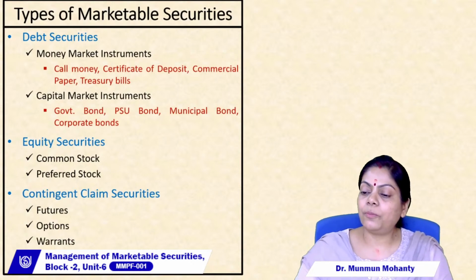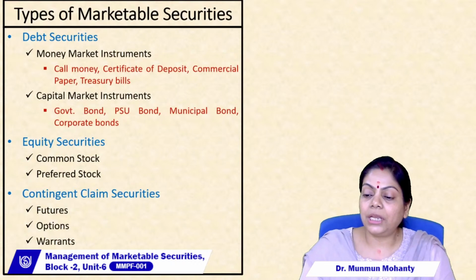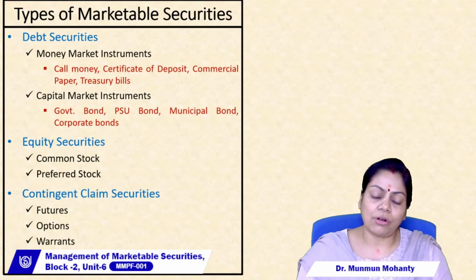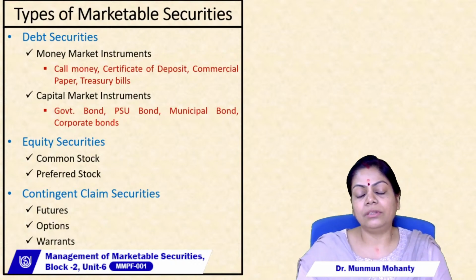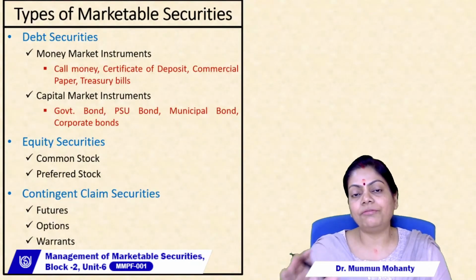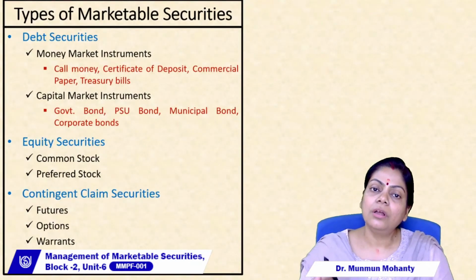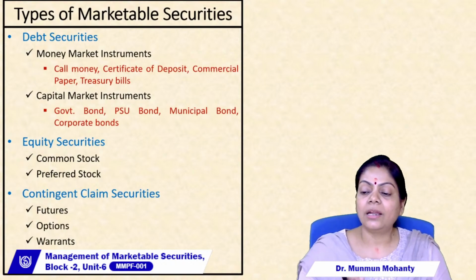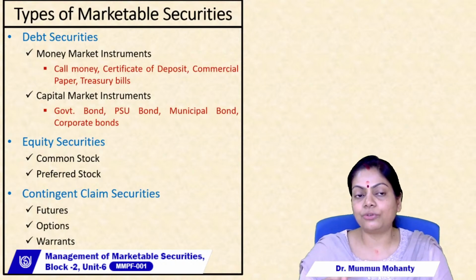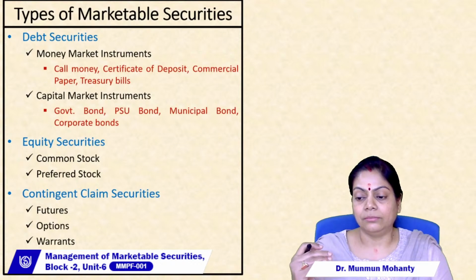The certificate of deposit is an instrument that a bank or other depository issues to you in lieu of the funds that you have deposited with it. This is a negotiable instrument.